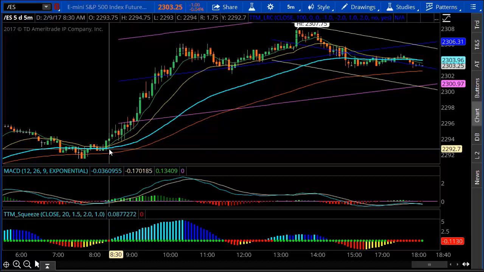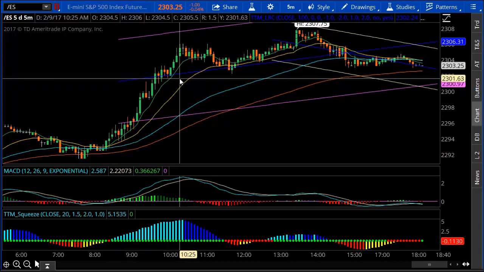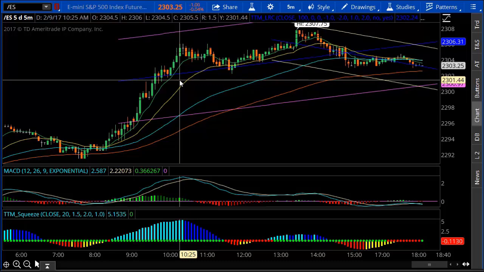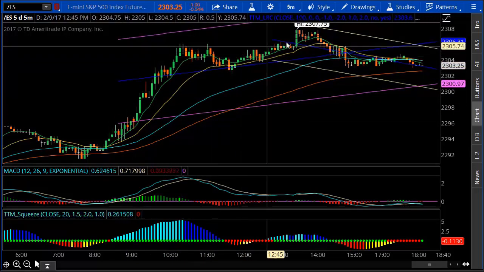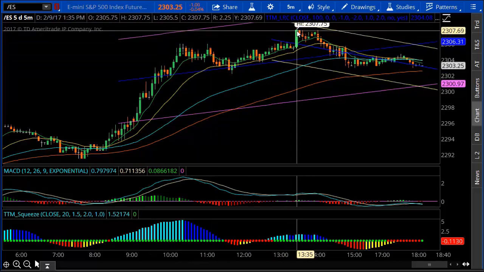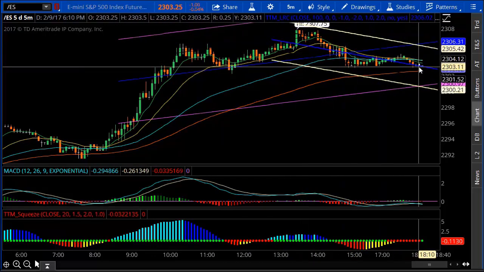The open was at 2293.75, and we run to 2304. A good 10, 11 handle run in the first hour of trading, or first 2 hours of trading. Really strong move in here, and then we go dead. Then we finally break out and go to a new high, and then we pull back a little bit.